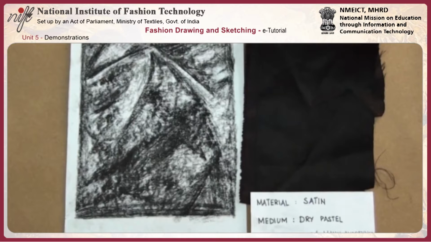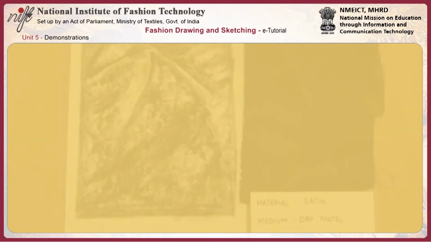Though black is used in the rendering, you will see that it's a combination of black and white, which is the surface color of the paper, and which combine to illustrate the feel of the satin fabric.